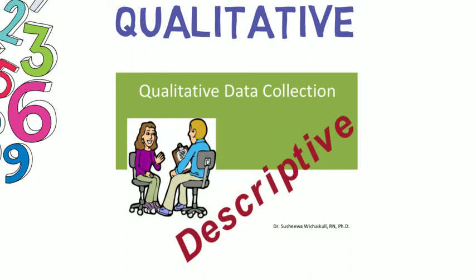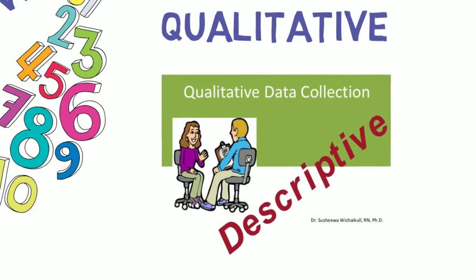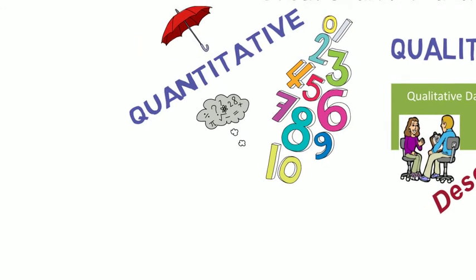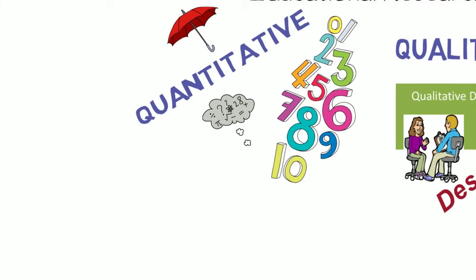Their purpose is to portray the complex or multifaceted nature of human behavior, and it can be in real-world social settings. The limit is that they don't enable either predictions or conclusions about cause and effect relationships. For those types of results, you'll need to go to a quantitative study.